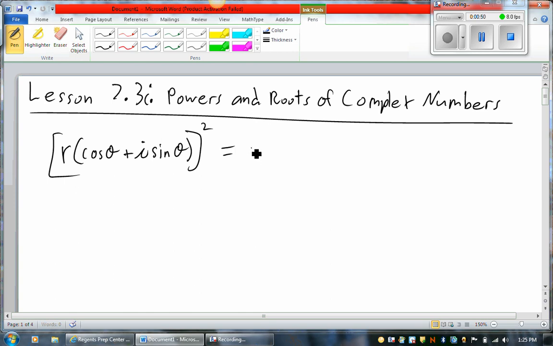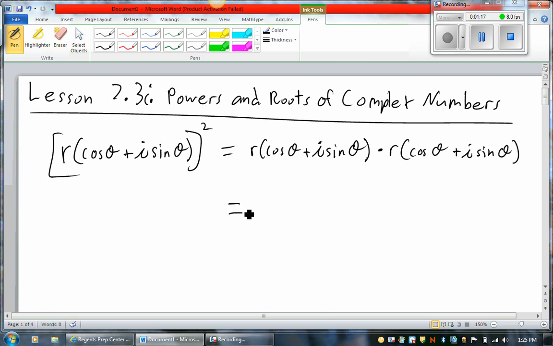Remember, squaring is multiplying something by itself, so I'm going to multiply our complex number times itself: cosine theta plus i sine theta.